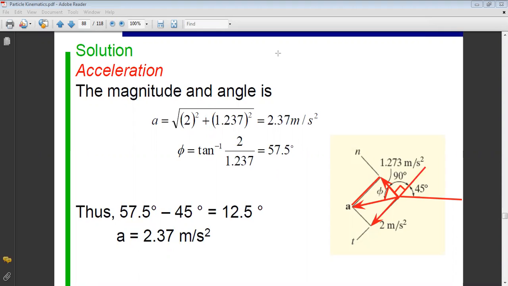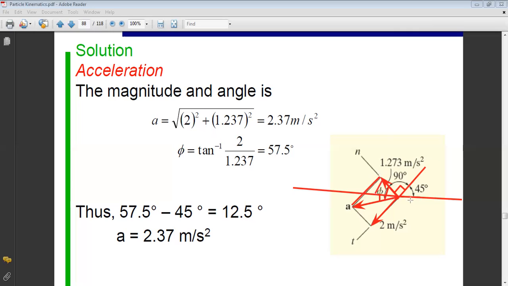As I told you, in general, we prefer to give the angle with a known direction. So let us say we want to find the angle with the horizontal. So this is my horizontal line, and I want to define the angle of my acceleration with this line. As you can see in the figure, this angle here is equal to phi, the whole angle, minus this one.